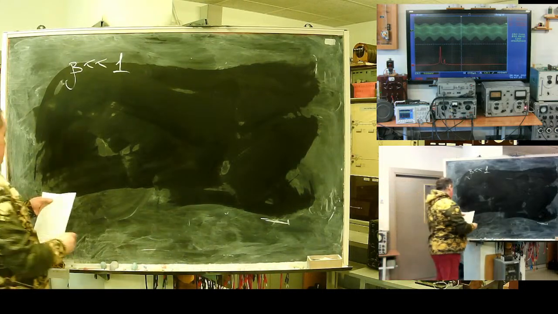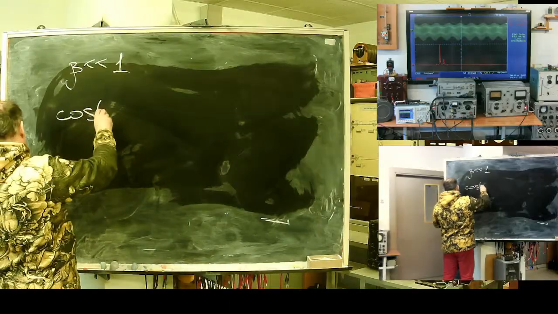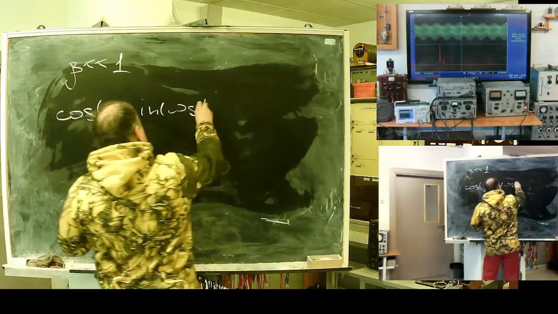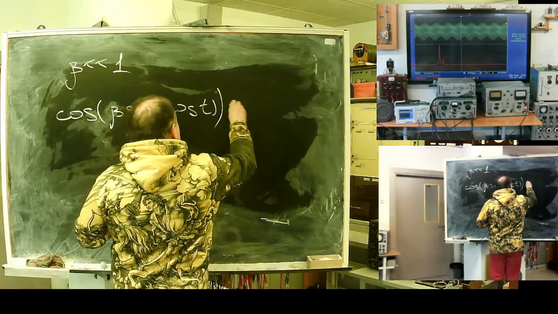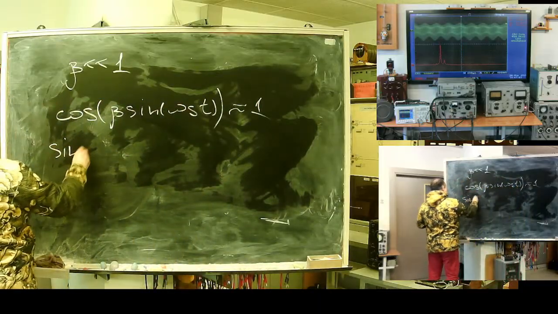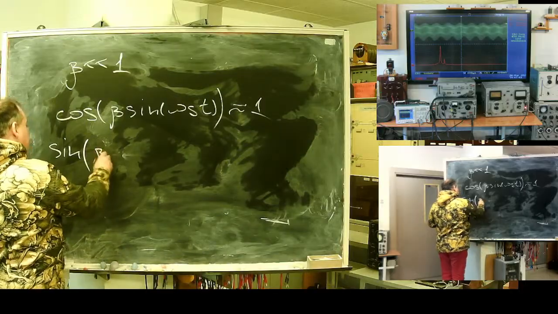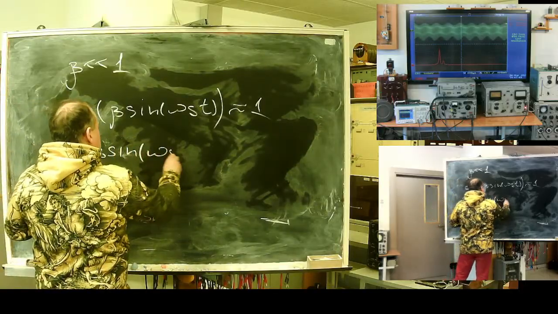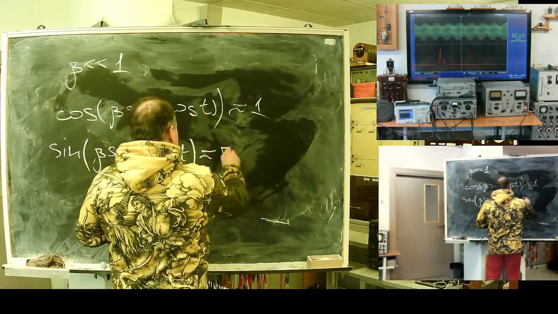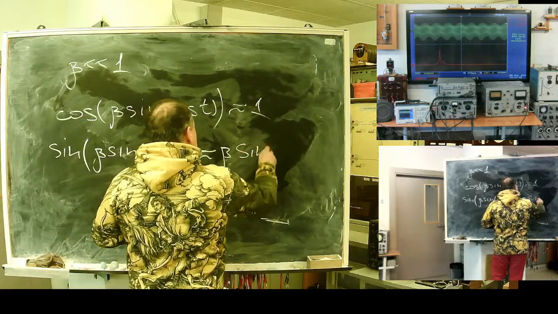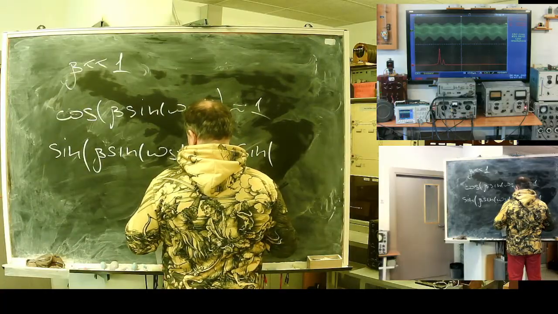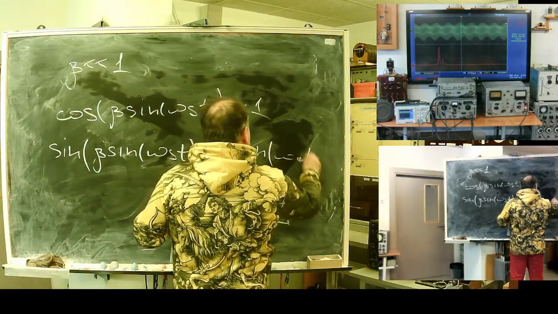In such case cosine of beta sine omega s t can be approximately assumed 1 unit, and sine of beta sine omega s t is approximately beta sine omega s t.